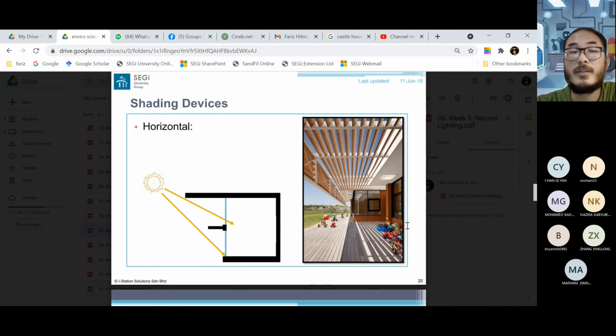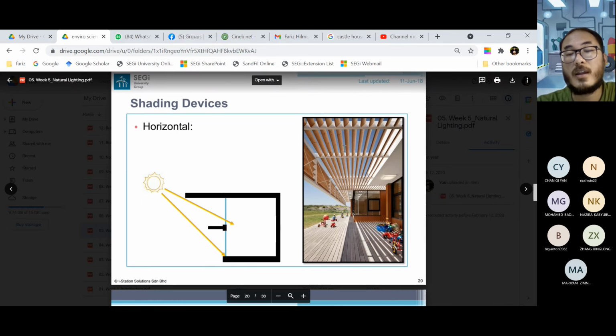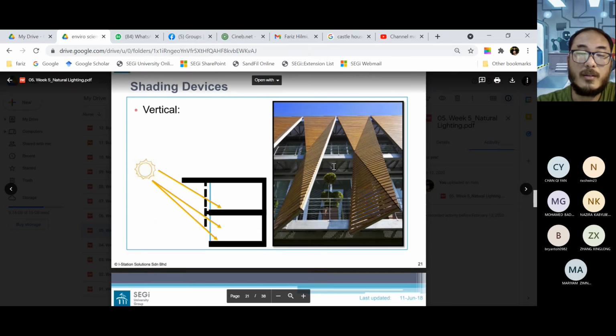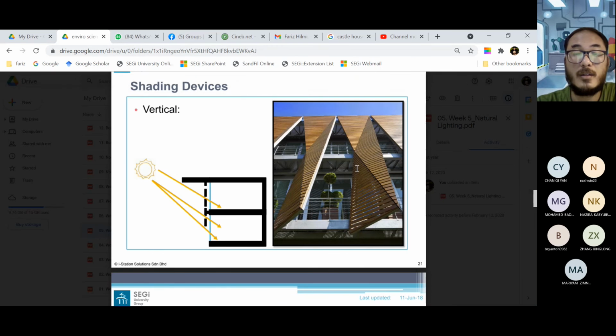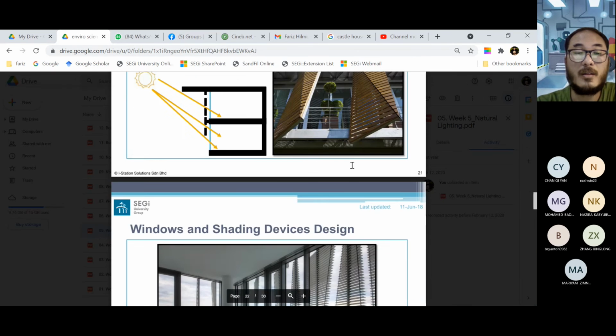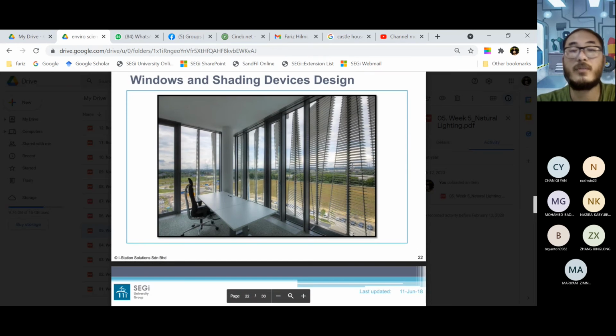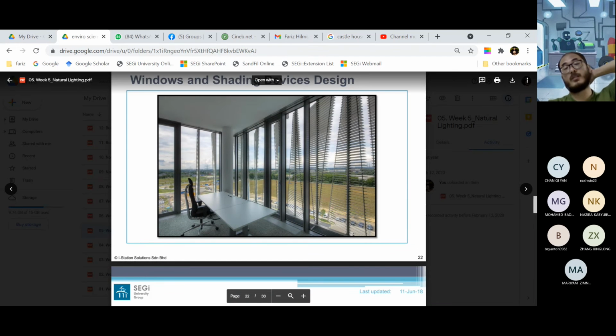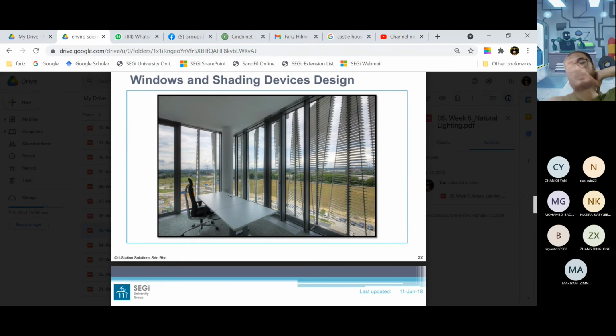This is the example. Horizontal is like that. Beginning is like this. And then windows with shading device, simple as this. Full glass, but when you have shading device, you can help yourself manually.